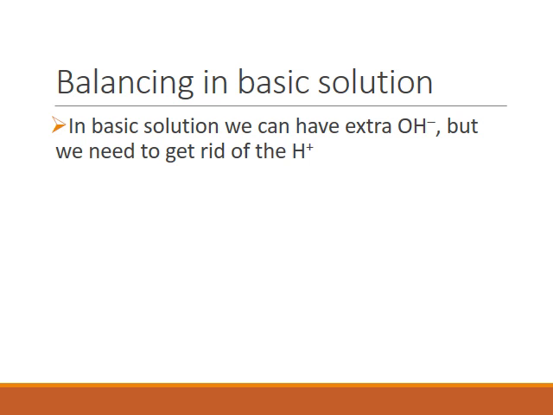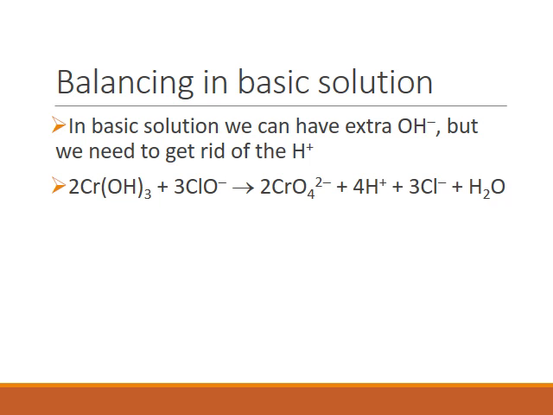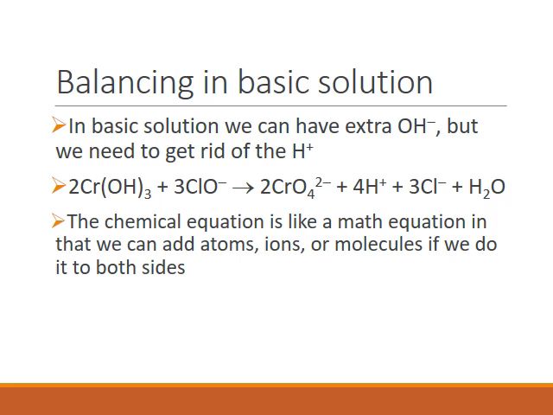So remember, in basic solution we can have extra hydroxides, we can have extra waters, because it's an aqueous solution and it's basic. What we need to do now is get rid of those 4 H+ on the right hand side. A chemical equation is like a math equation. The arrow is like an equal sign.